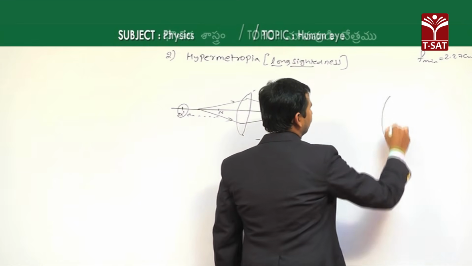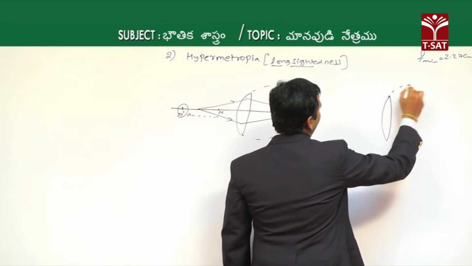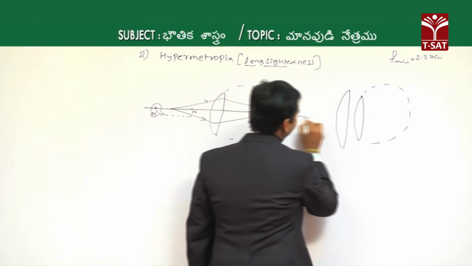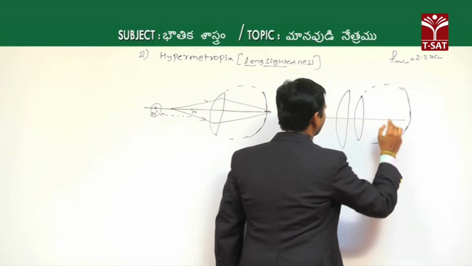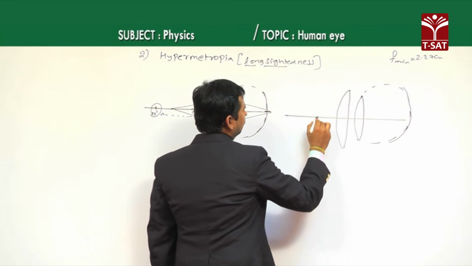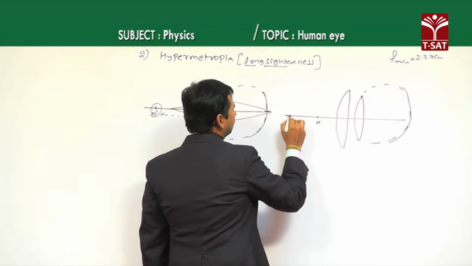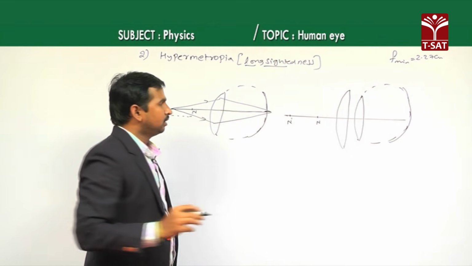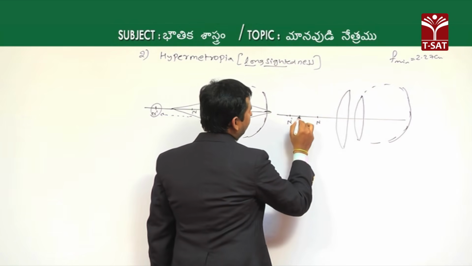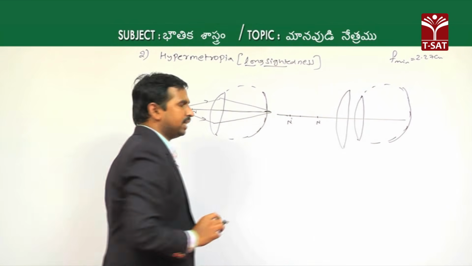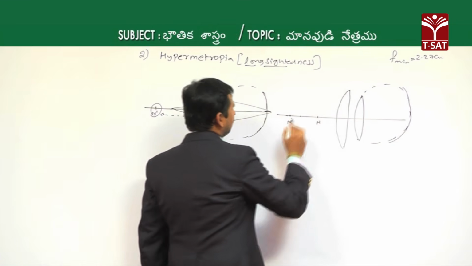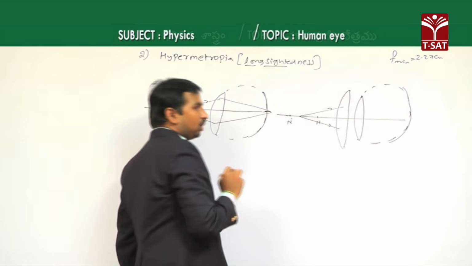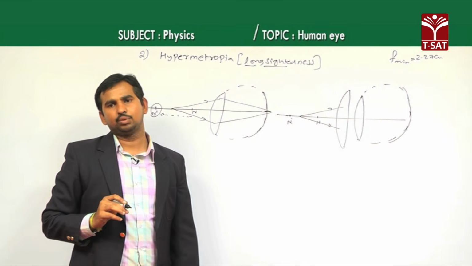If you take a convex lens before our eye lens, here like this. Now, this is the original near point, but this is the near point for the case of our eye lens. Now, we are taking the object which is in between n and n dash. Here we have one extra convex lens, and a convex lens has a converging nature.